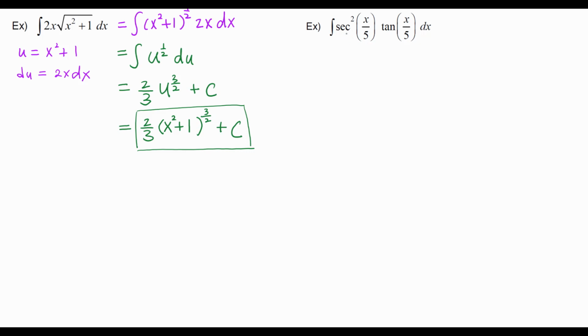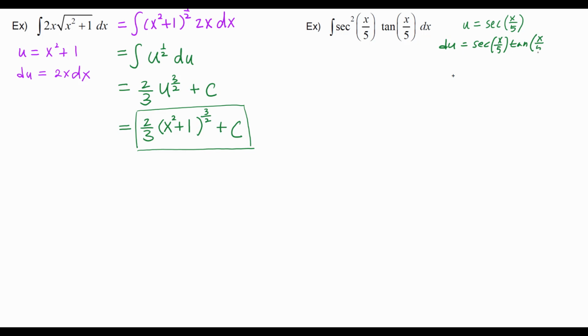If you thought secant squared of x over 5 was a composition of a function, then your inner function would be secant of x over 5. Then when you take the derivative of each side, I get derivative of u is 1 du, which is just du, and derivative of secant x over 5 is secant x over 5 tangent x over 5.